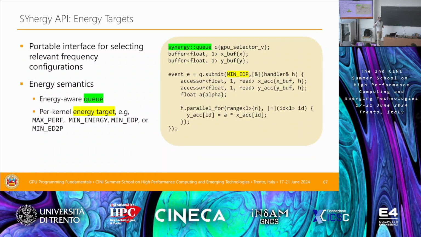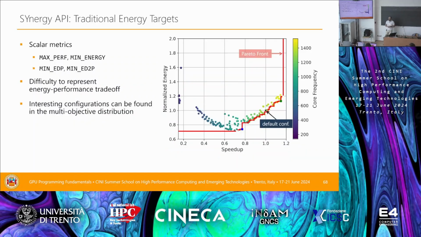But the idea is that rather than using just a number for the core frequency, we provide what is called an energy target. In this case, the energy target is minimize the energy delay product, which is an energy metric. Just to understand what I'm talking about, this is a Black-Scholes code running on an NVIDIA GPU. By default, if you do nothing about energy, you will have this performance, normalized.